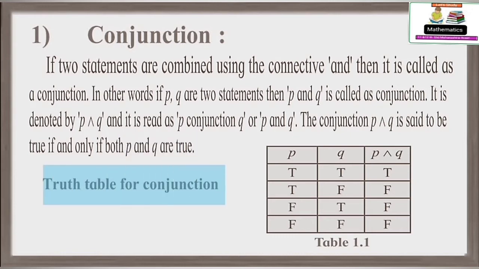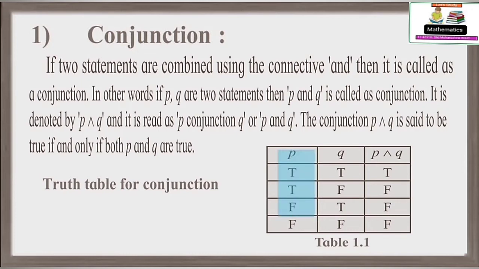Let's see the truth table for conjunction. This table is very important. Remember this table. See in the table, first p is a statement and q is another statement.